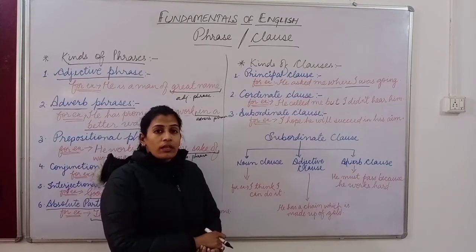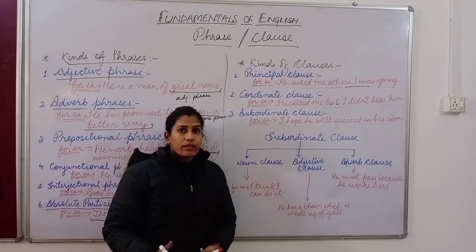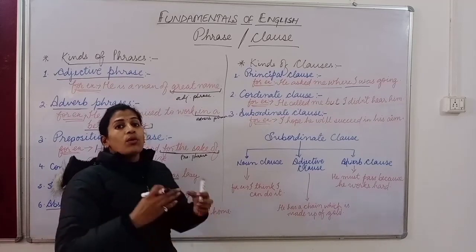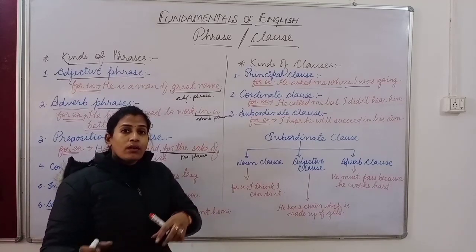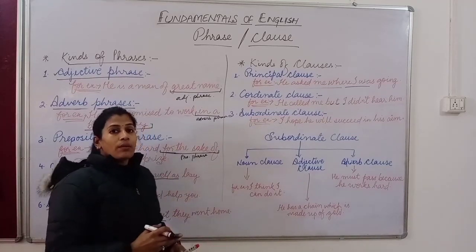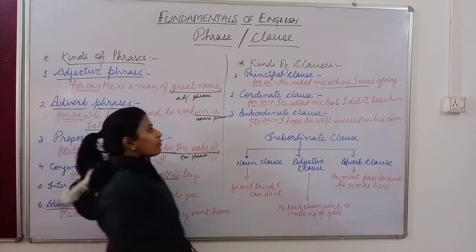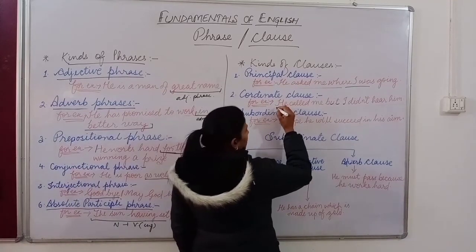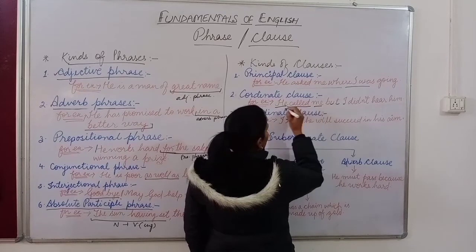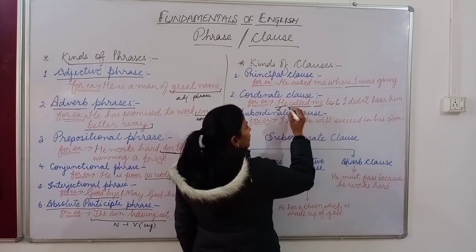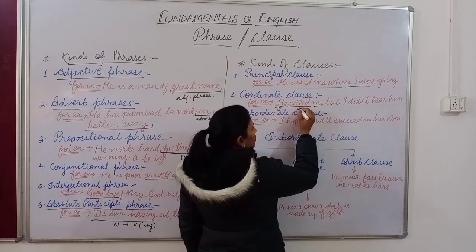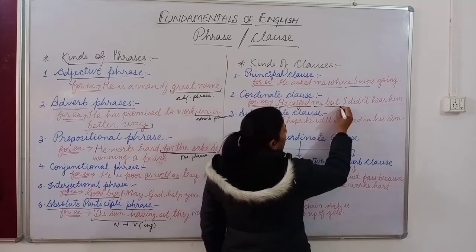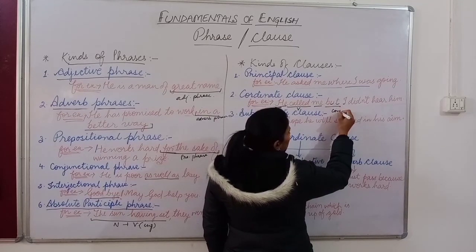Coordinate clause. A coordinate clause is an independent clause connected to another one of equal importance with the help of a conjunction. For example, he called me, but I didn't. Here he is the subject, called is the verb, but is the conjunction.